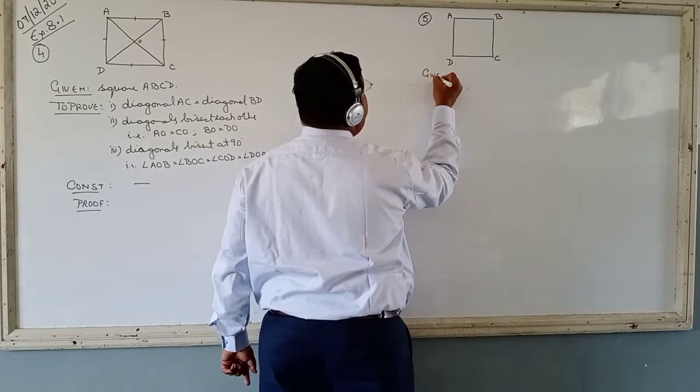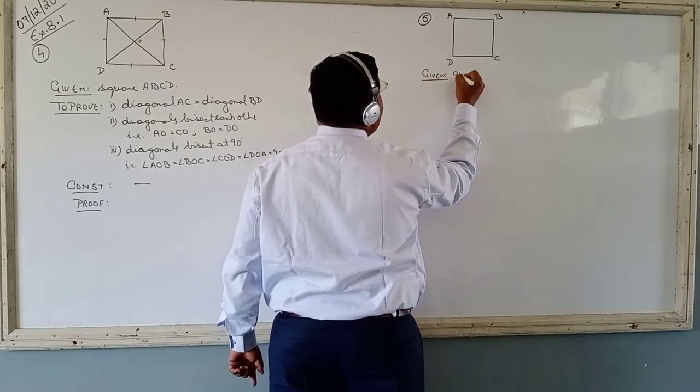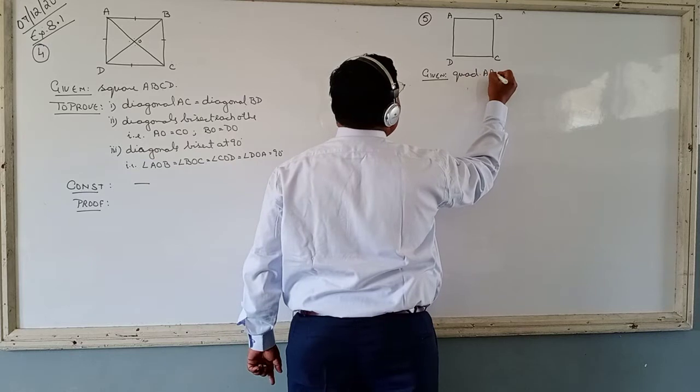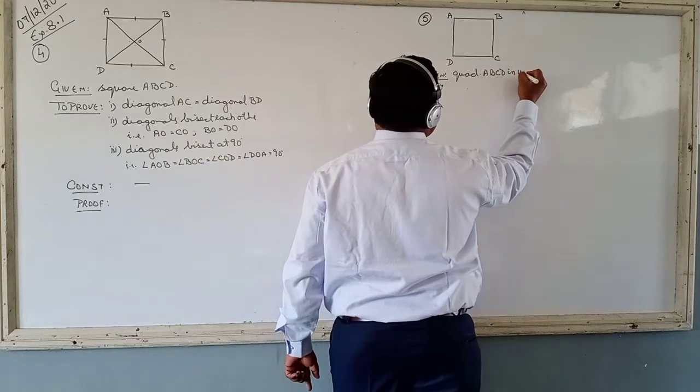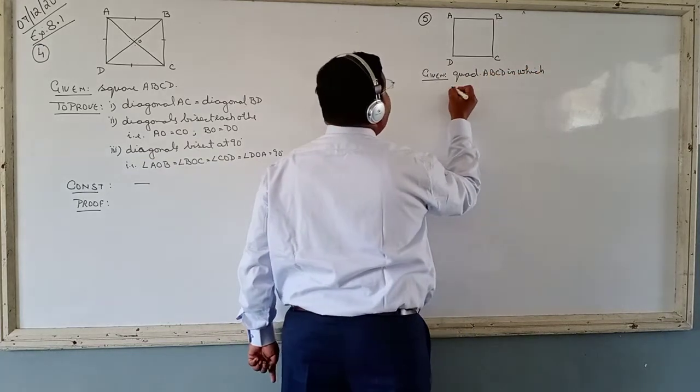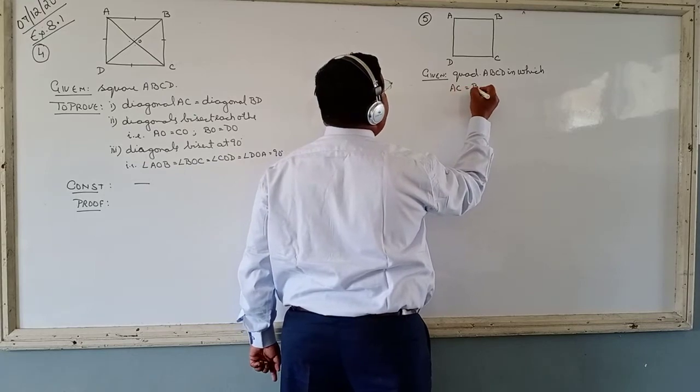What is given? We are given quadrilateral ABCD in which diagonal AC is equal to BD.